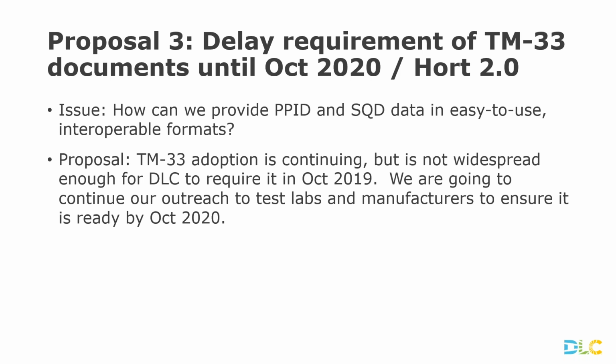Right now, you can do it with the Mark I eyeball, looking at a bunch of different JPEGs, but that does not really scale very well. You can imagine similar issues for SQD data as well. So we're hoping to make the data easier to work with for both us and our reviewers, and also for everyone downstream in the industry, so we can all move to this great new standard format. So we're proposing to relax the requirement of TN33 for another year.